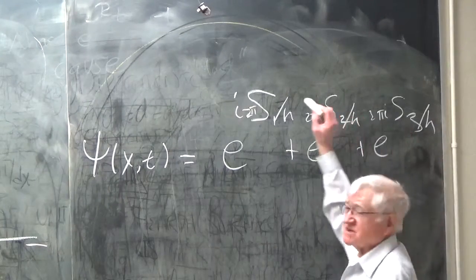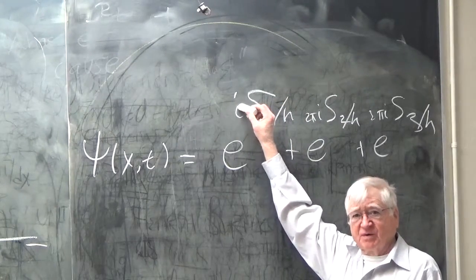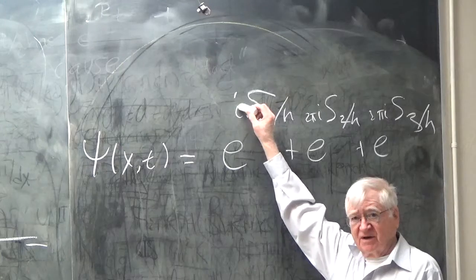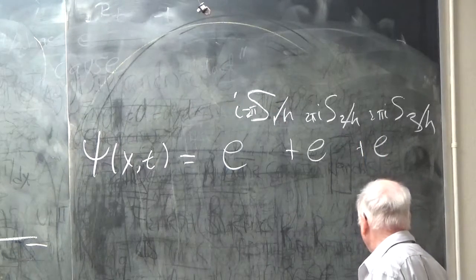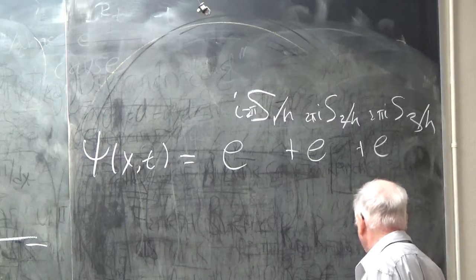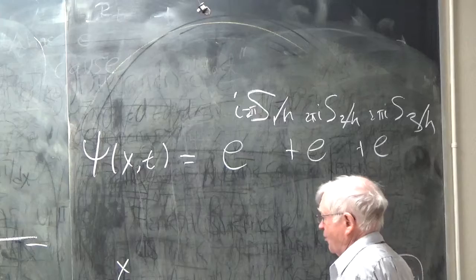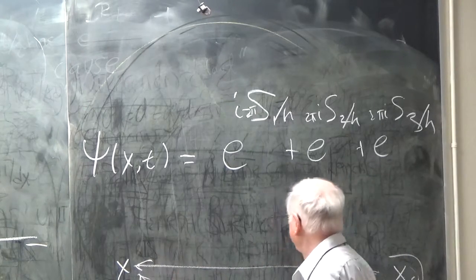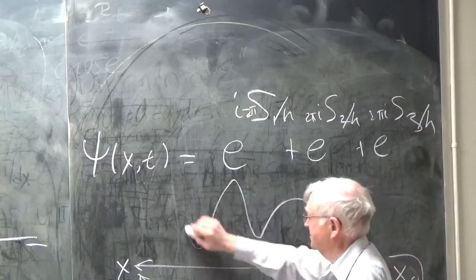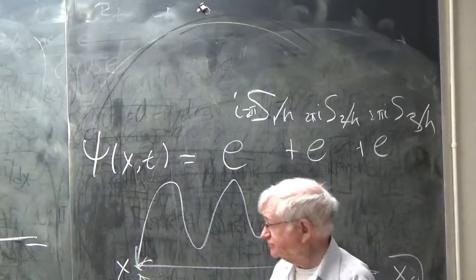They're not processes that obey classical equations of motion, like F equals ma and so forth. And so they're just all possible ways of going from the source to some point x. So one way is just straight, another way is to do that, another way is to do this, all different ways of doing it.